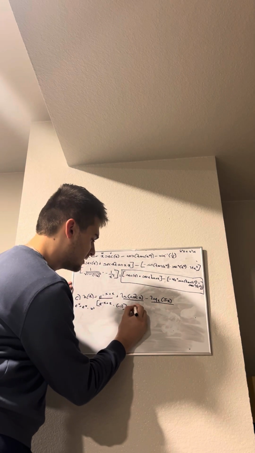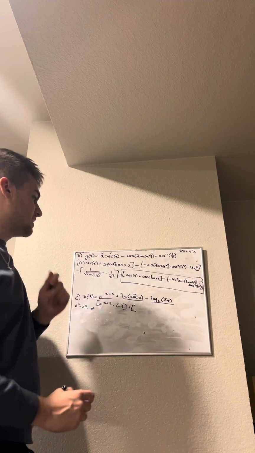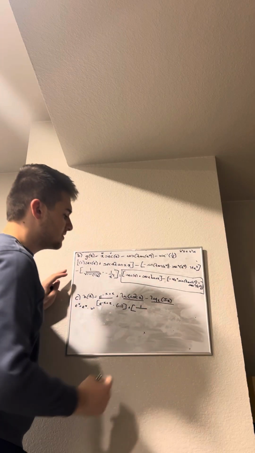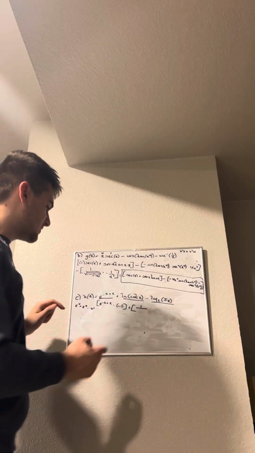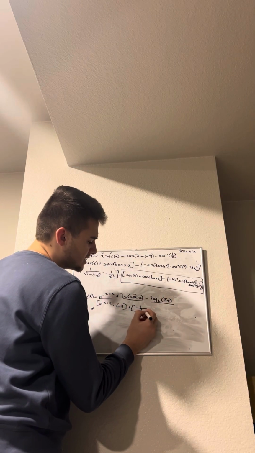Now going on to the second term over here, we have ln of cotangent x. Anything ln is always going to be 1 over the term for the derivative. So in this case, it would just be 1 over cotangent x.